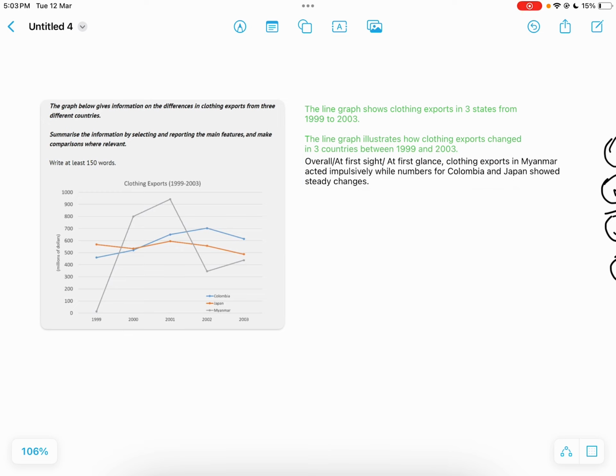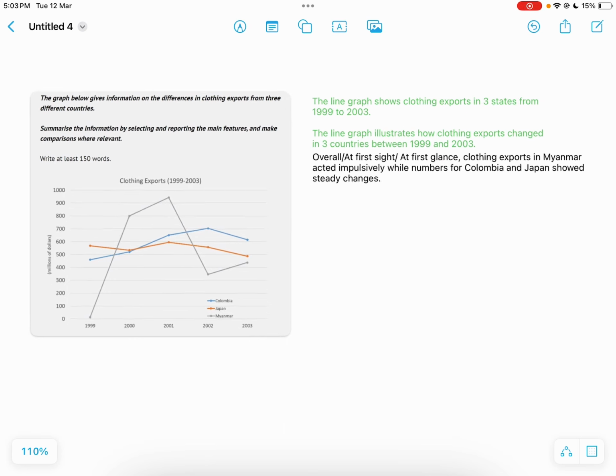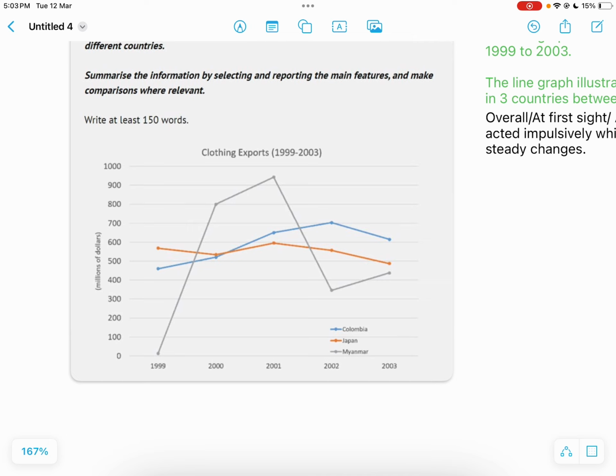To write body part 1, we first have to group the information, right? What does that mean? We have to look at this graph very carefully and group the information into two, so that in body part 1 we'll write about the first group, and in body part 2 we'll write about the second group.